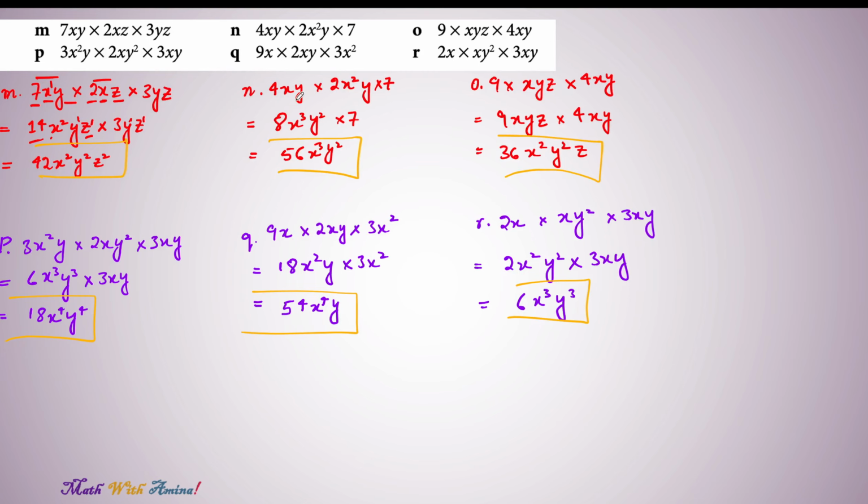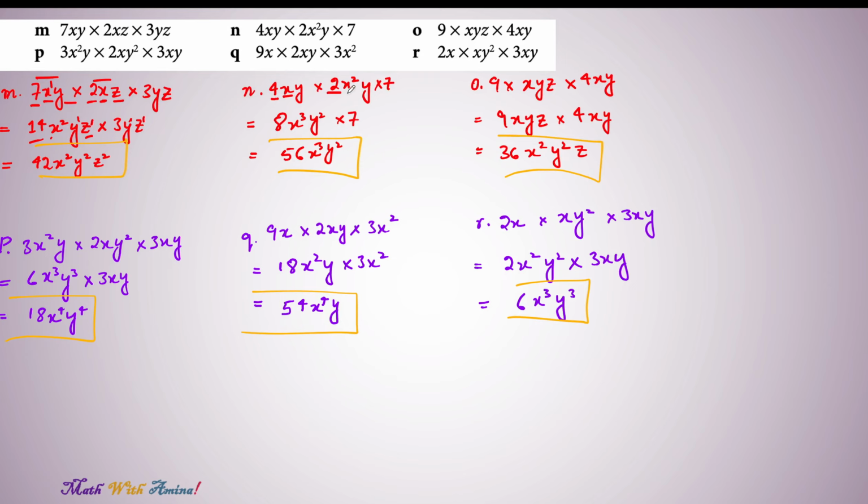Then we have 4xy multiplied by 2x squared y multiplied by 7, so the coefficient of the variable 4 will get multiplied with the coefficient of variable 2, so we get 8. Again, multiplication of the variables, we look into the terms that are getting multiplied and check the variables.